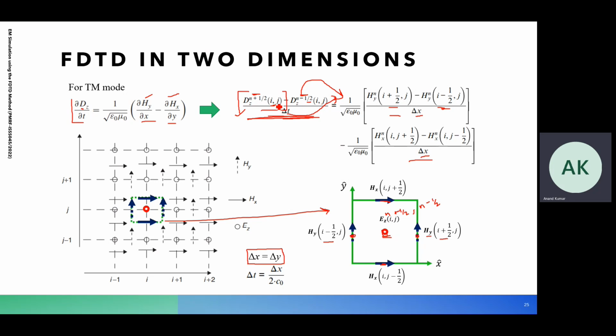For example, since this is n plus half, n minus half and n are the past values, and these are the magnetic field values at the neighboring points. So we are using the magnetic field values from the neighboring points to calculate the electric field, and also the electric field value at the same point from a previous time instant.